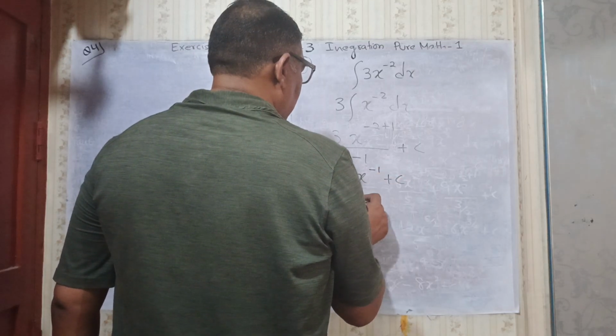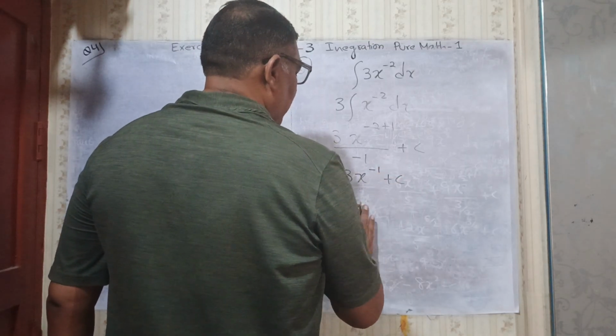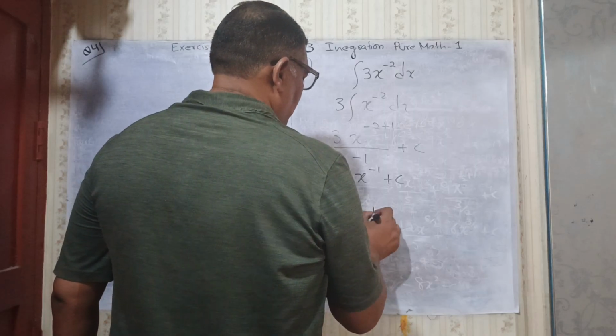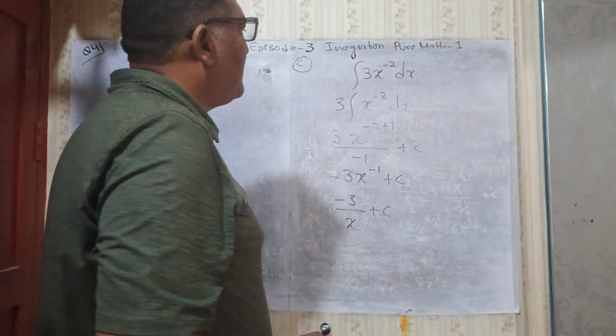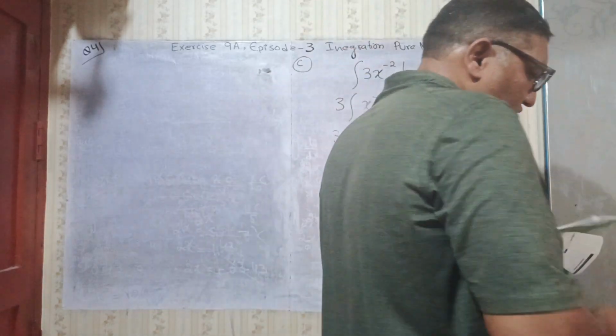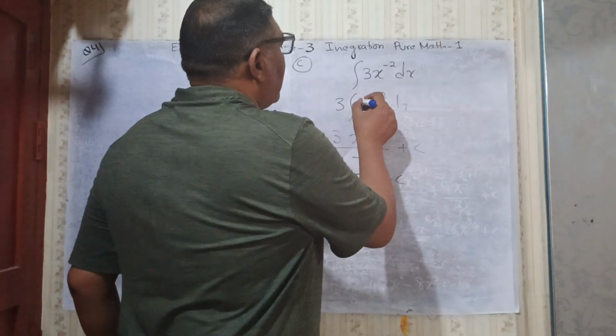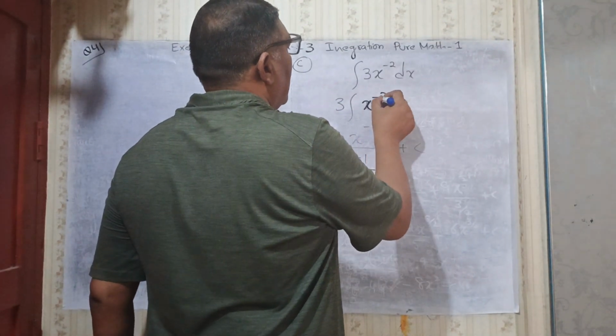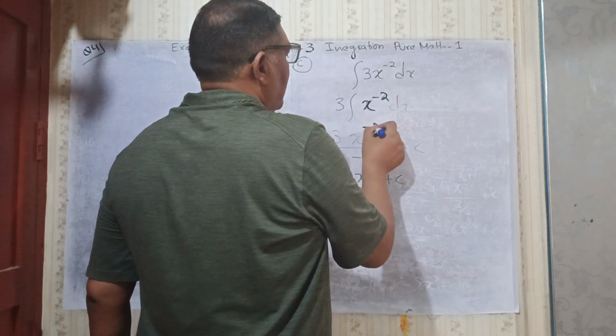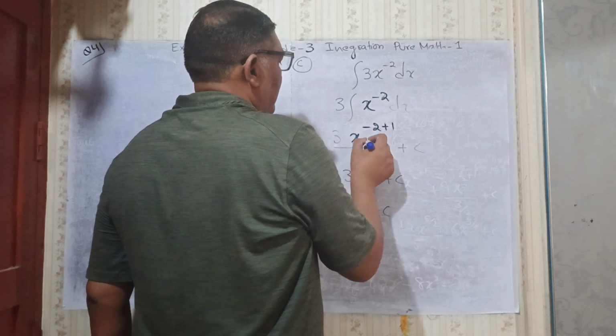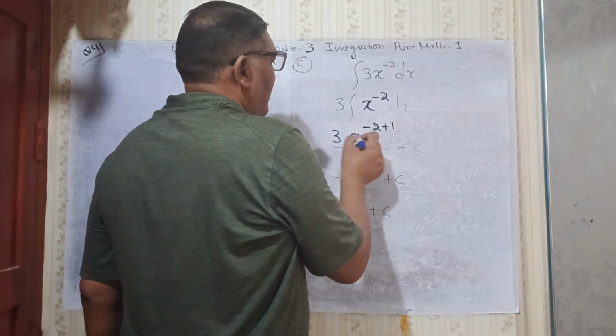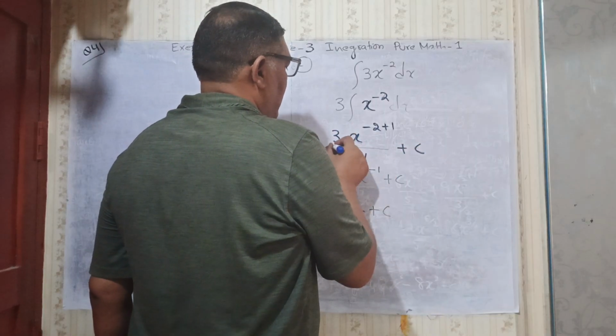Let me write it again, because it's not clear in the video. Minus 2 plus 1 is minus 1, so x raised to power minus 1, and 3 plus c.